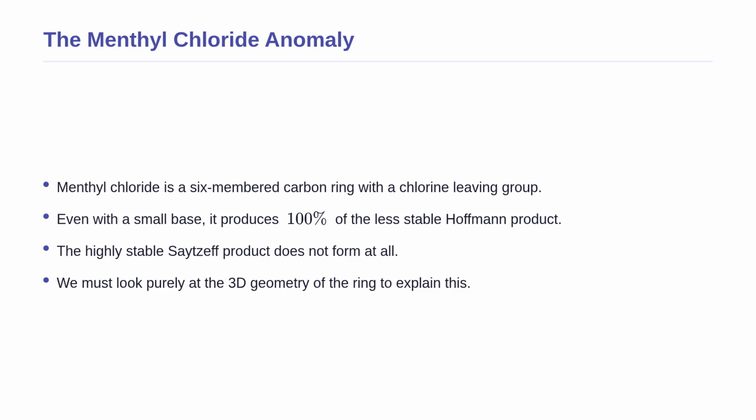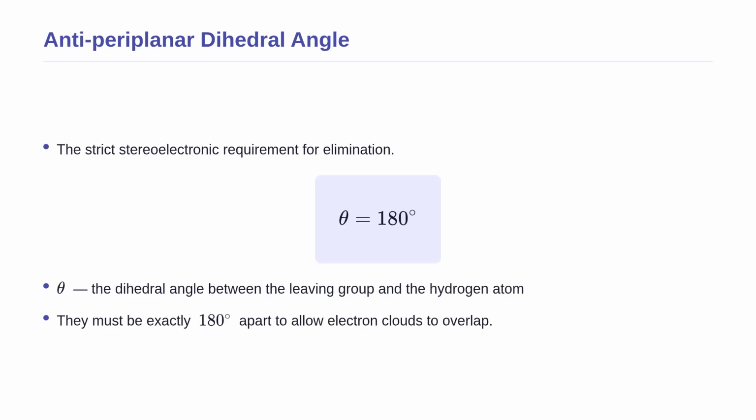To understand why this happens, we must ignore the size of the base and look purely at the 3D geometry of the ring. To solve this mystery, we must return to our strict 3D requirement. Conceptually, this equation defines the exact spatial relationship required for an elimination reaction to occur.